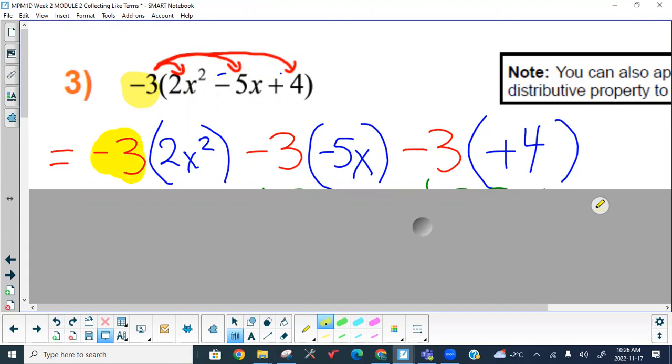So I'm going to take that -3, multiply it by the first term, +2x squared, -3 multiplied by the second term, -5x, and -3 multiplied by the third term, +4. So take a second, write that down, and try to do the multiplication before I do, okay? Take a second, practice that internal calculator that you have in your brain.